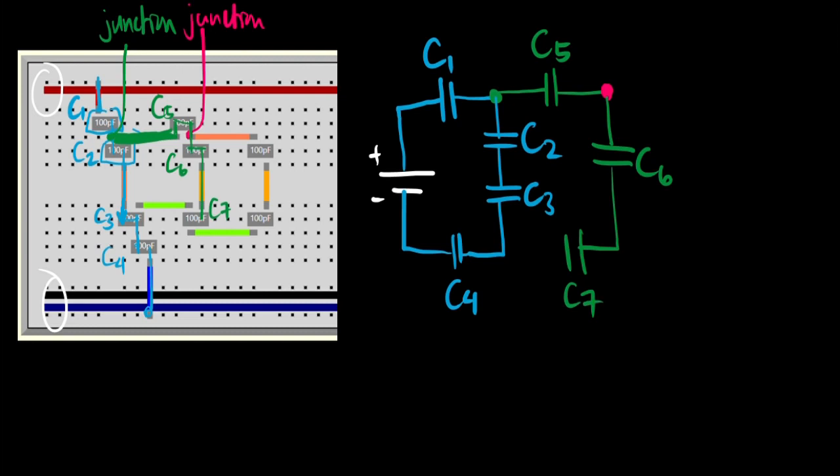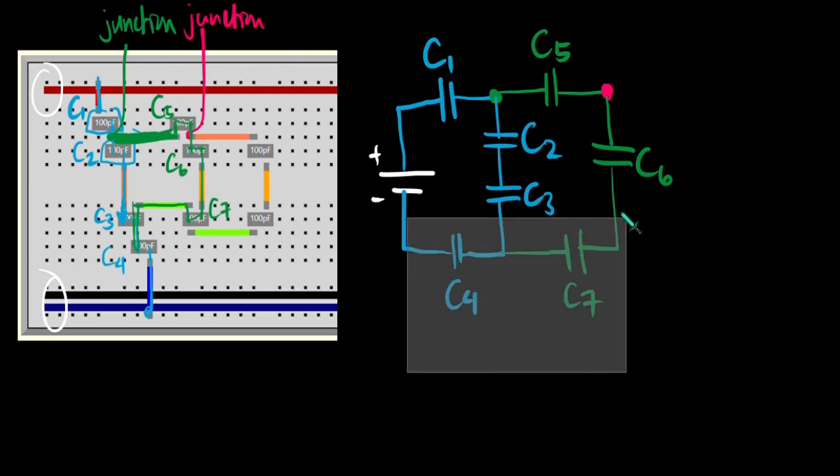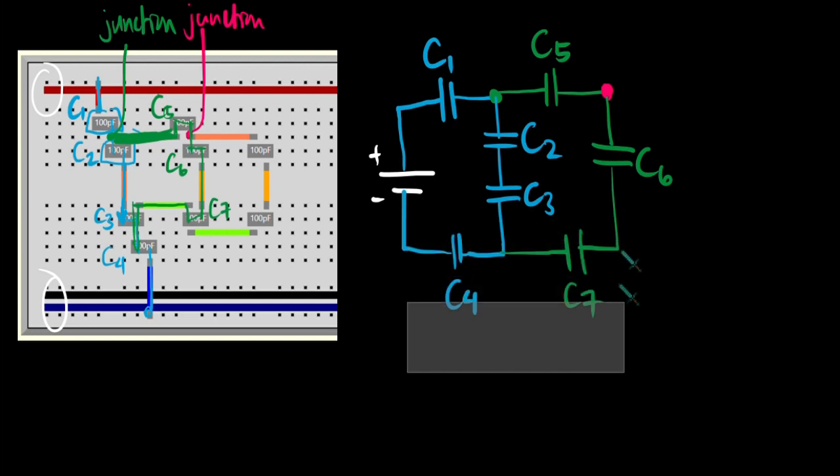And notice that C7 gets connected back to C4. So it makes sense that C4 and C7 meet at another junction as well.